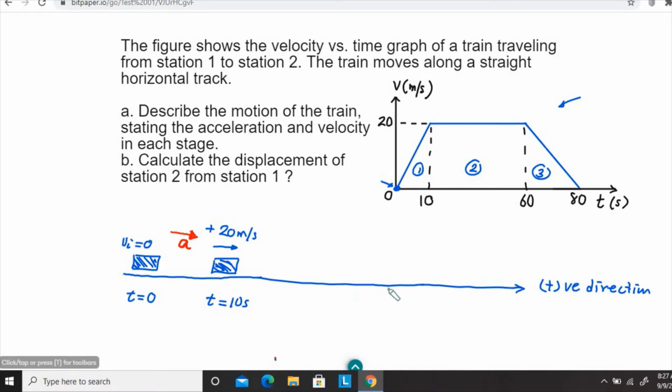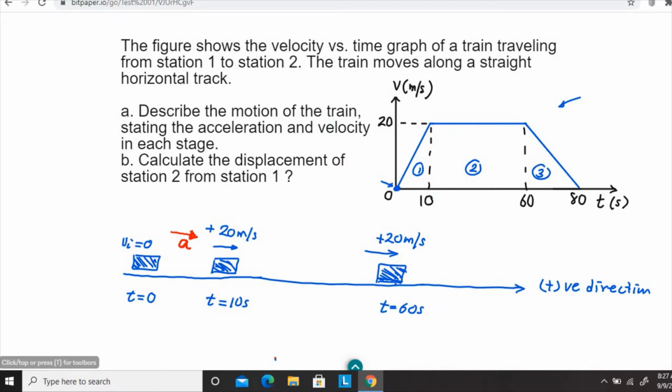Now, at the 60-second mark, somewhere here, the train is still traveling at that 20 meters per second velocity it gained at the 10-second mark. So when 60 seconds hits, the train will have the same plus 20 meters per second velocity to the right hand side. So what does this mean? It means from 10 seconds to 60 seconds, the train is not changing its velocity. So that signifies this part.